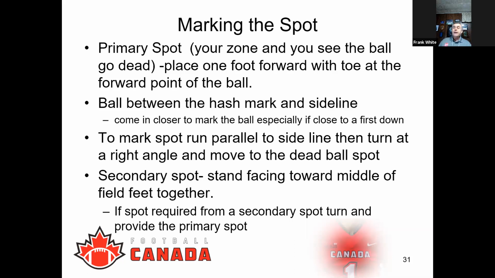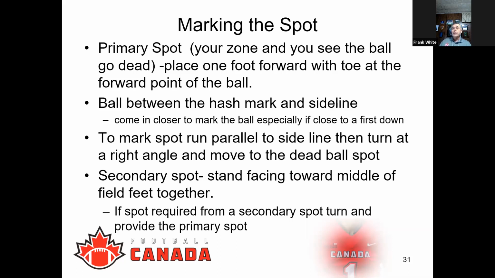It's maybe not as big an issue on first and second down, but it certainly is on third down, or if on first and second down you know it's going to be close to a possible measurement for a first down. So you'll want to come in closer on those. Not so close that you're going to get run over, but you want to be closer.